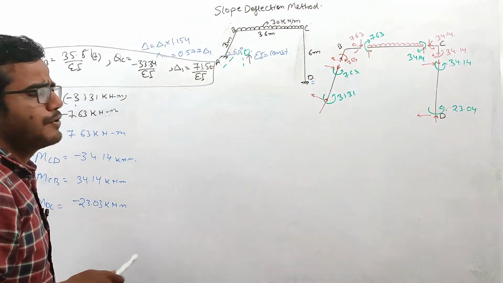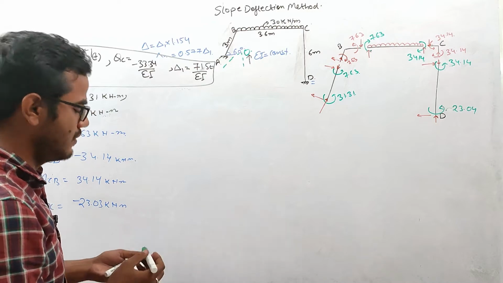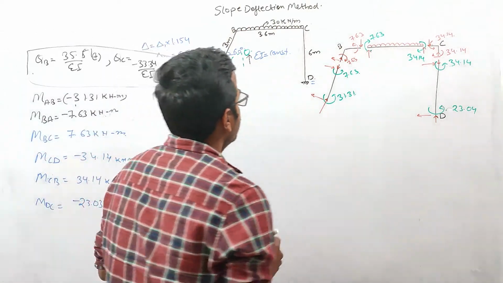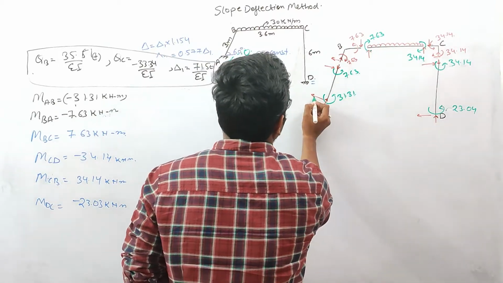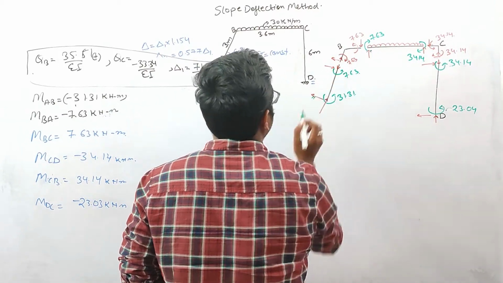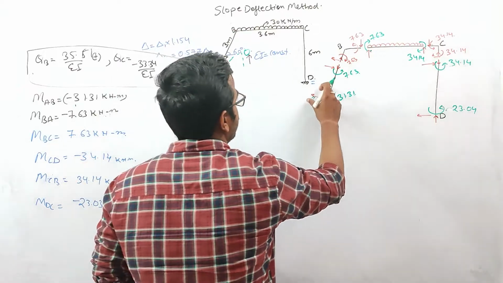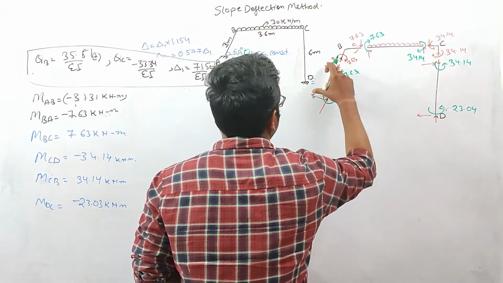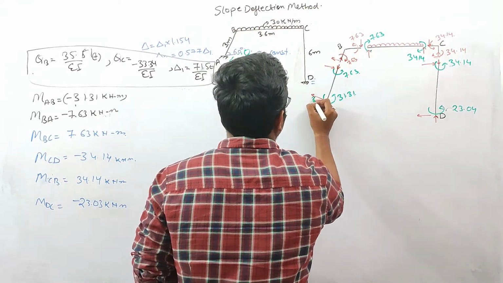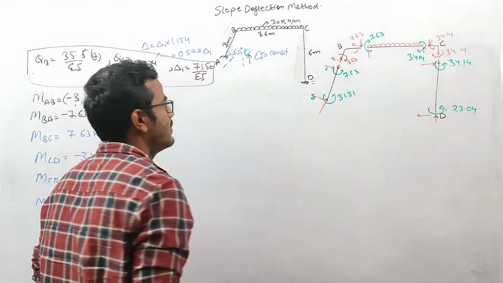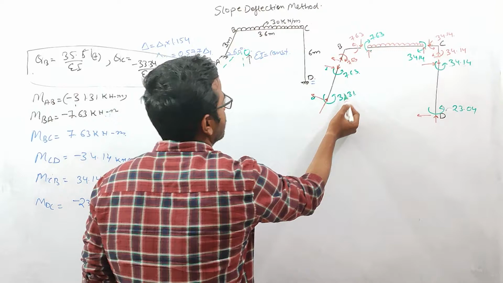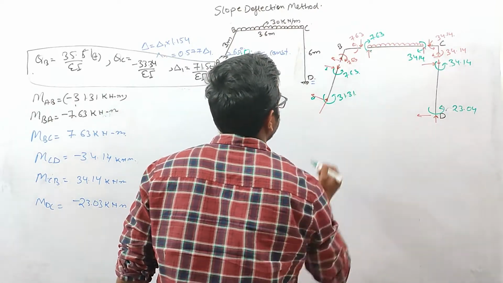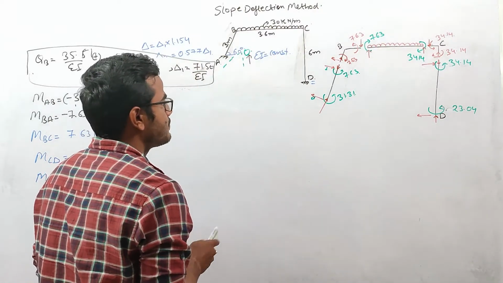So now let us first think about the shear force. For this AB member, the shear force will be contributed by these two forces. We need to calculate the value of these forces. These two forces will be similar, and they will balance this couple, which is a net couple in anti-clockwise direction.